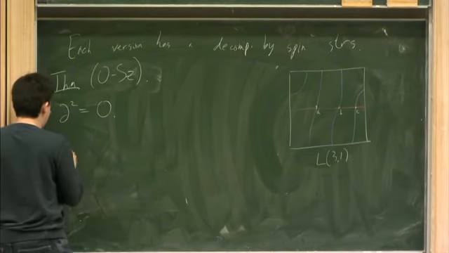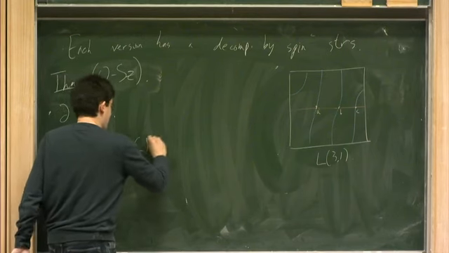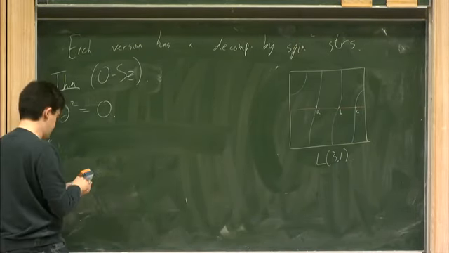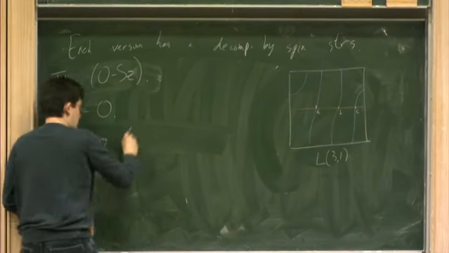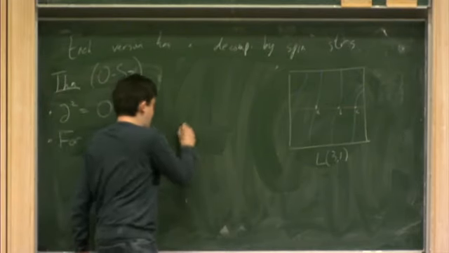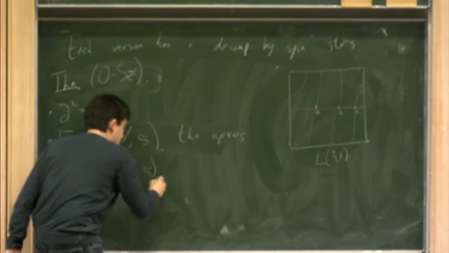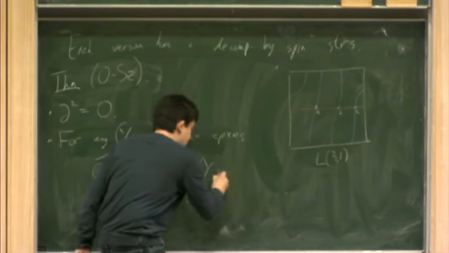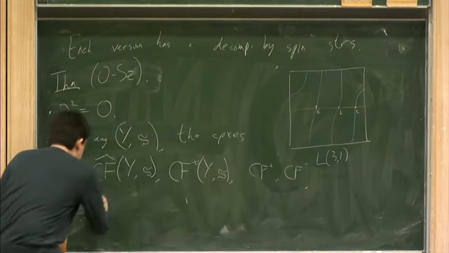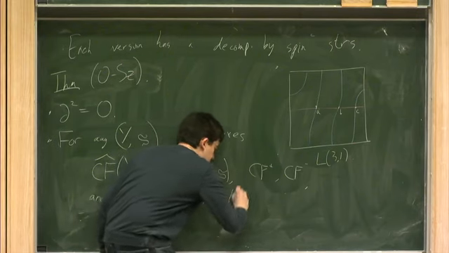And the second thing is that for any 3-manifold Y and spin C structure s, the complexes CF hat of (Y, s), CF infinity of (Y, s), CF plus, CF minus, etc., are invariant up to chain homotopy equivalence.